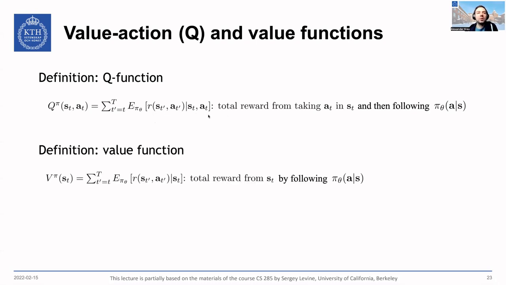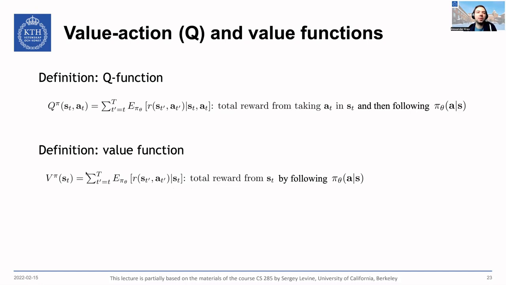And quite similarly, the value function is the same, but we do not have any certain action. Here, for the Q function, we start with a certain action AT from the first state ST. For the value function, we just go straight with the policy from the very first step. So we start with state T, and then we follow the policy, get a new action, new state, and then calculate the reward of that.